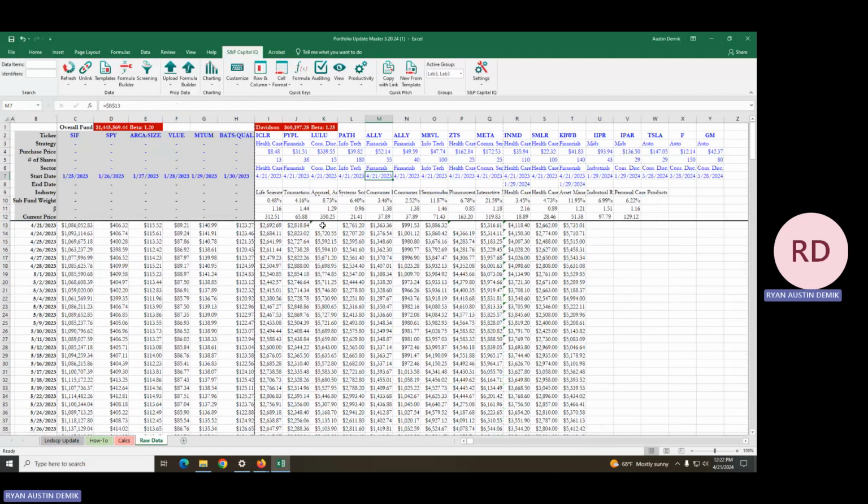Since there's nothing here, it's going to show up blank. And if we just throw in 3/28, 2024, not 2004, we've got that, and it was ZTS that we were selling as well.